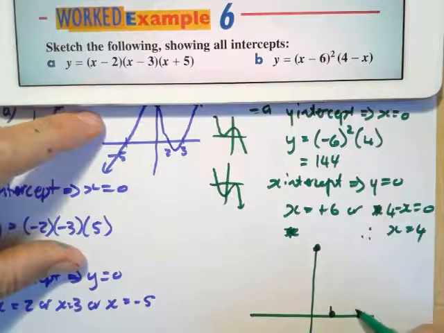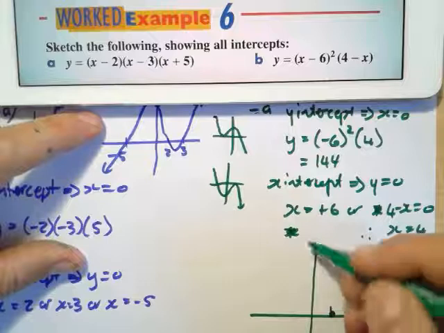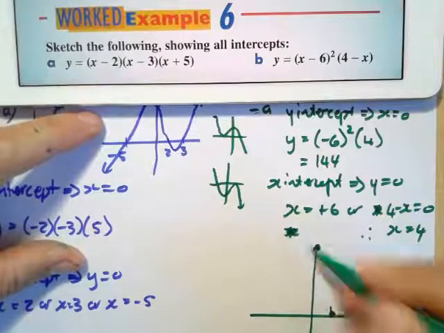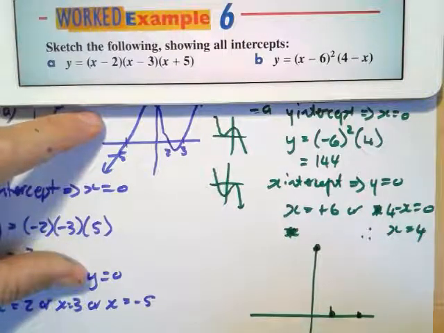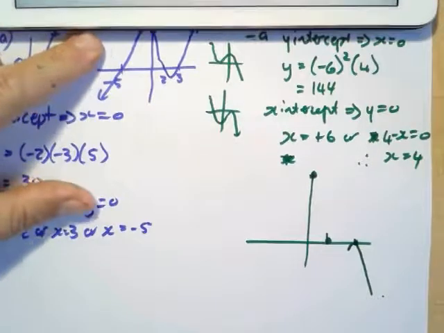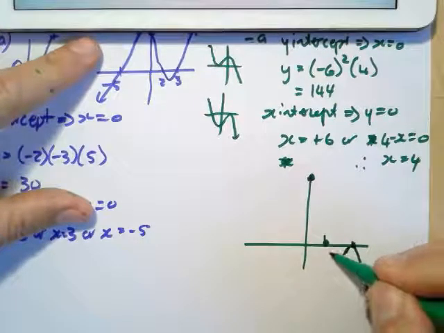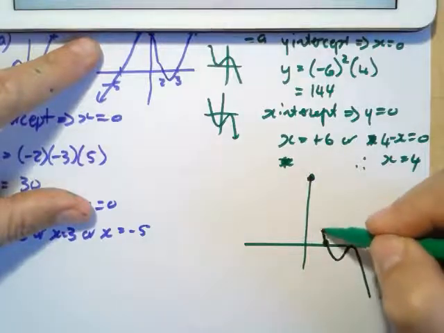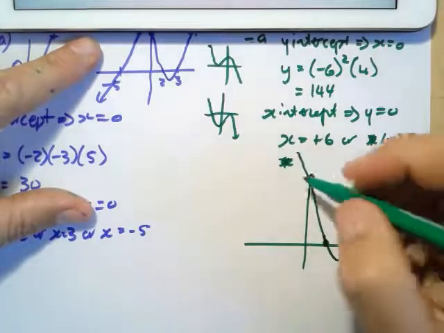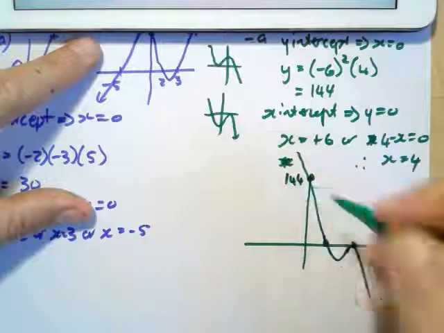Plus 6 is the big one. So it starts there and finishes here; it needs to turn on positive 6, go through positive 4, and then carry on.